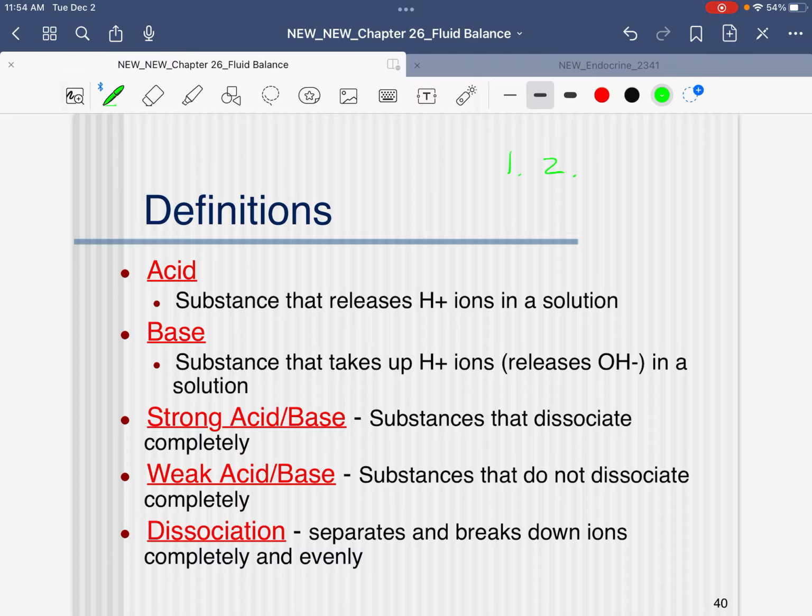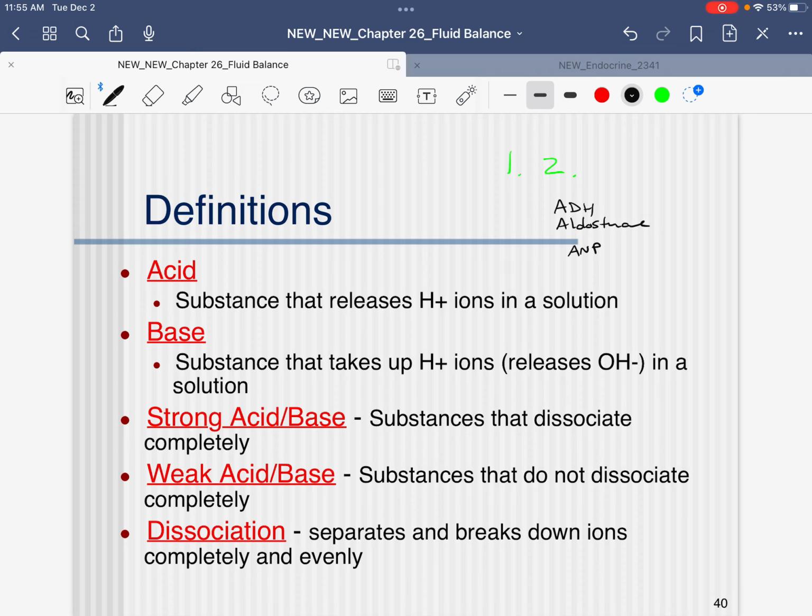I gave three functions: they help with fluid balance, and they're needed for muscle contraction and nerve impulse. And then we talked about three hormones that play a role in electrolyte balance: the same two beginning ones, ADH and aldosterone, and one more, natriuretic peptide hormone, our salt-releasing hormone.